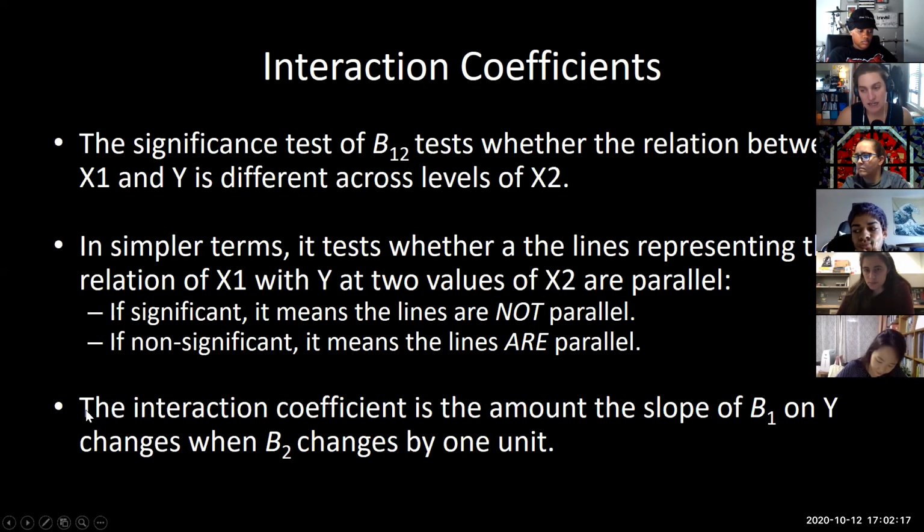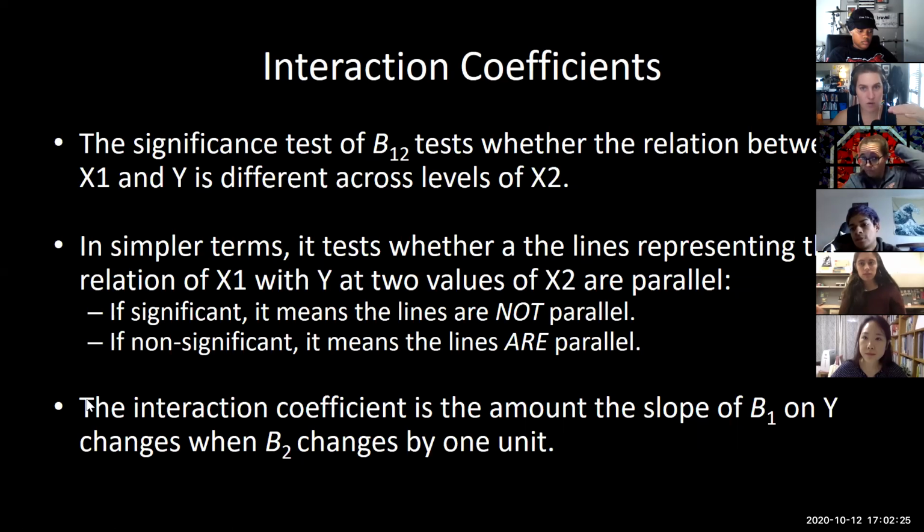Now, technically, how we've been interpreting all of these coefficients before is: a 1 unit change in x1 holding x2 constant is associated with this much change in y. Now, technically, you can actually do exactly the same thing with the interaction. It's just a little bit head spinny.